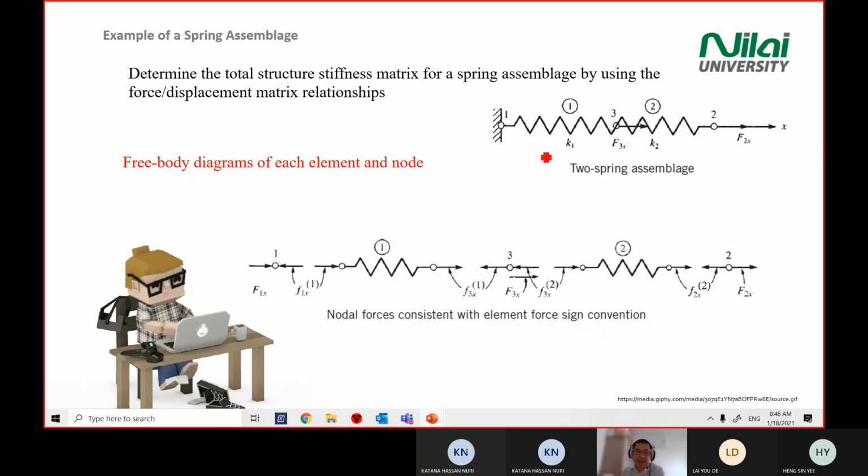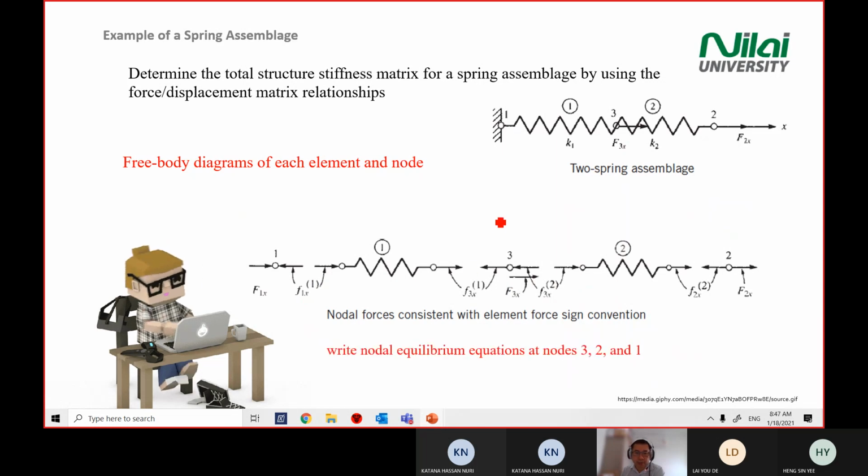Then you look at the internal force from point 1 to point 2, where you see a small f here. Small f means the internal or element force. There is an external force at point number 3, which is why we have an additional arrow with a capital F3x, and a capital F2x at the right hand side of point number 2.